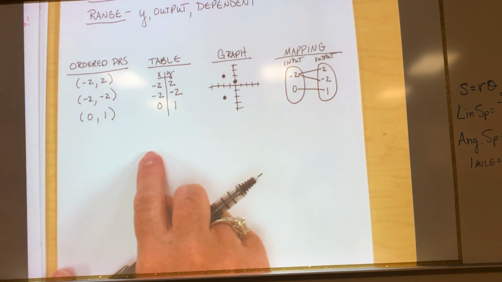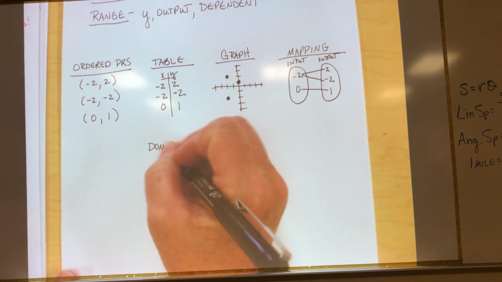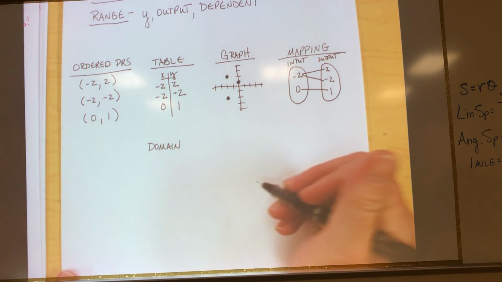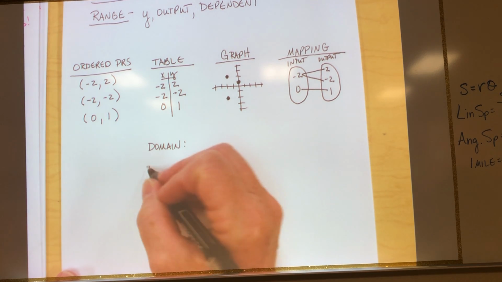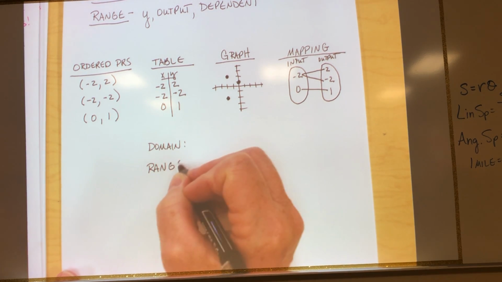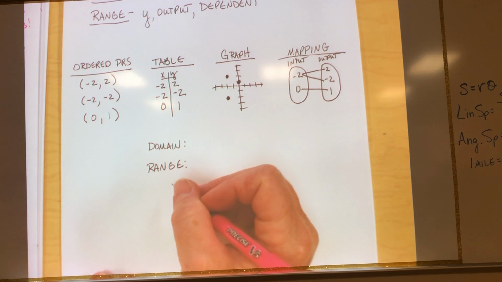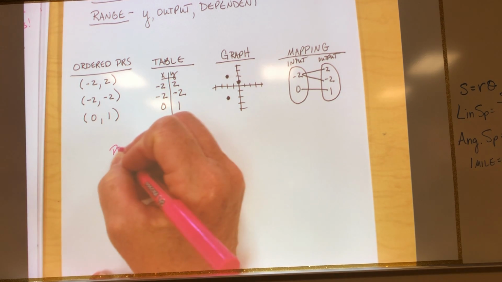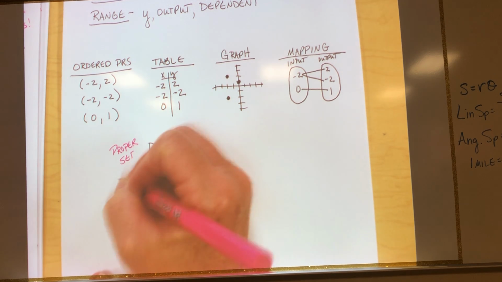Okay, so the next thing I want to talk about is domain and range. We're going to list the domain and the range of this relation that I've given you, okay? Now, here's what I want you to know, and I'm not going to say it anymore, okay? If I ask for the domain and the range, I want it in proper set notation.